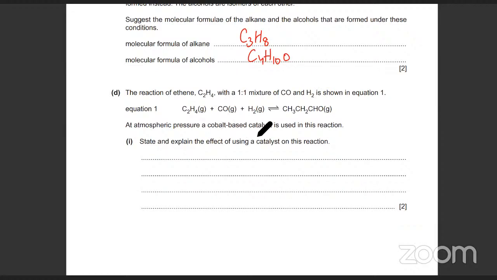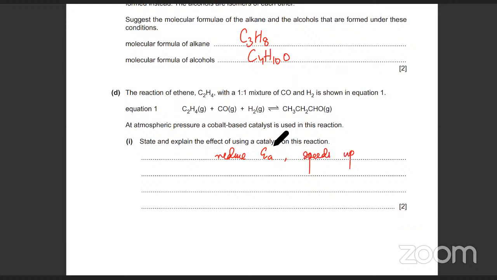An atmospheric pressure cobalt-based catalyst is used in the reaction. State and explain why you use a catalyst. I mean, basically he's asking why do you use a catalyst? To reduce the activation energy. ठीक है. So what does that do? To speed up the reaction.